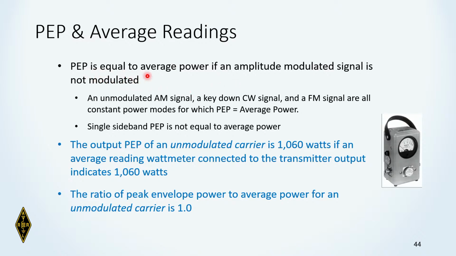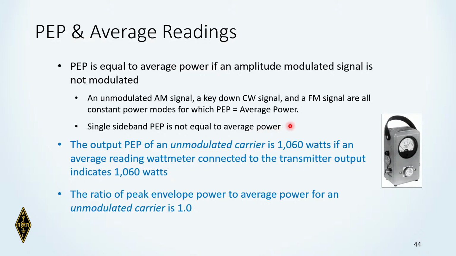So PEP is equal to average power because it's not varying. An unmodulated AM signal, key down CW signal, and an FM signal are all constant power modes for which PEP equals average power. The reason that that's important is there's two very confusing pool questions, but if you can keep this in mind, you'll have them. Single sideband PEP is not equal to average power because the speech is going up and down.